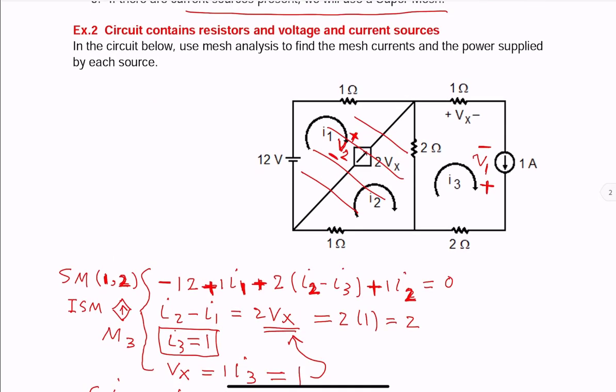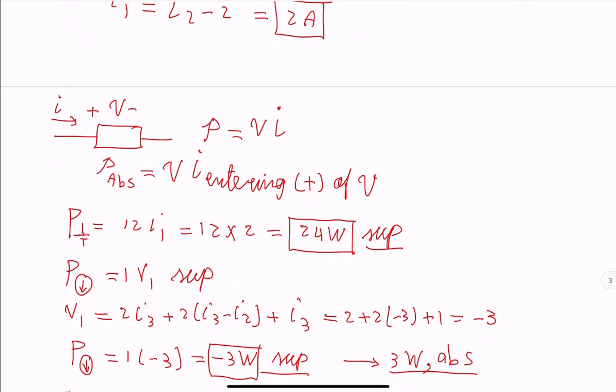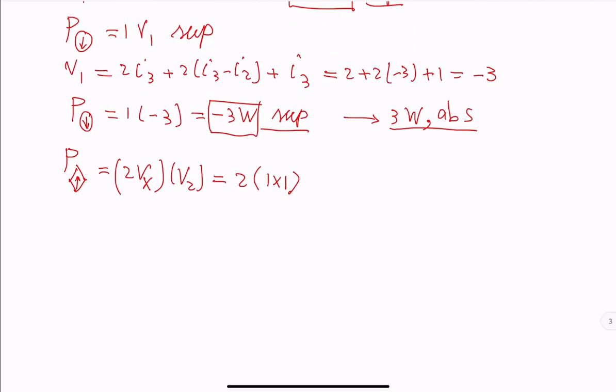The voltage of the 1 ohm resistor would be negative 1 times I1. So we get negative I1, add 12 to it, and V2 is 10 volts, so we end up with 20 watts. Again, directly supplied power is calculated.